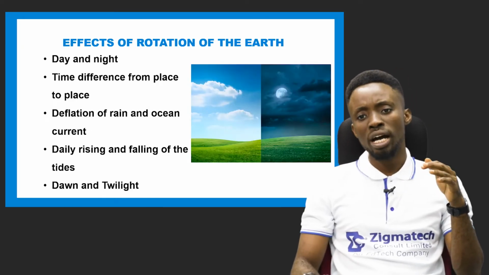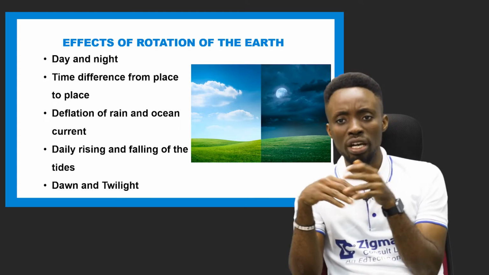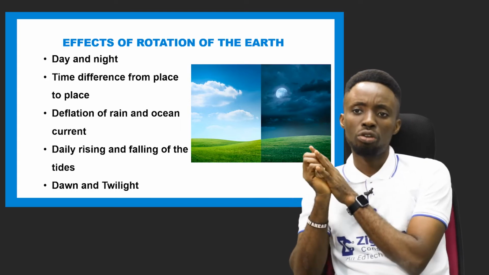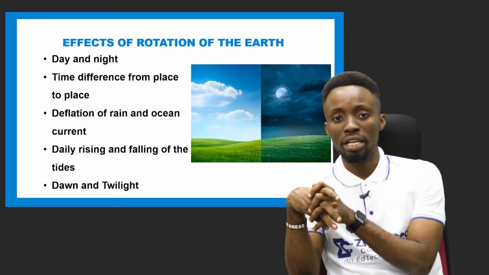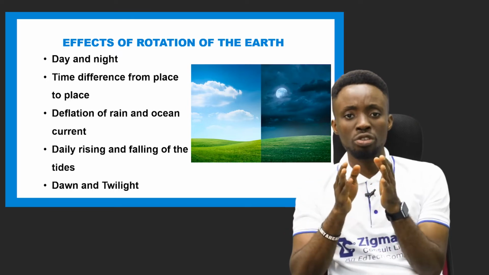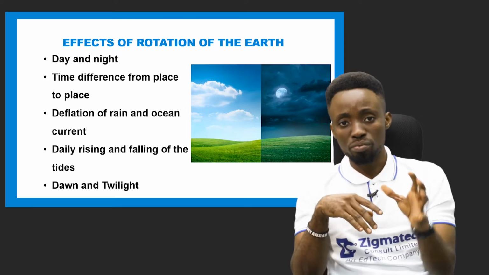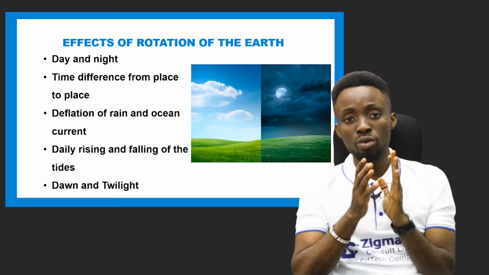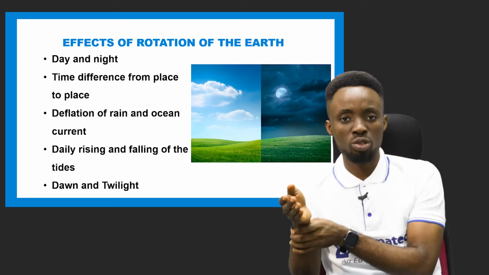Now, what are the effects of the Earth's rotation? Number one is that rotation causes day and night. When the Earth is rotating, for 12 hours of the day, one side of the Earth experiences day, and the other side experiences night.